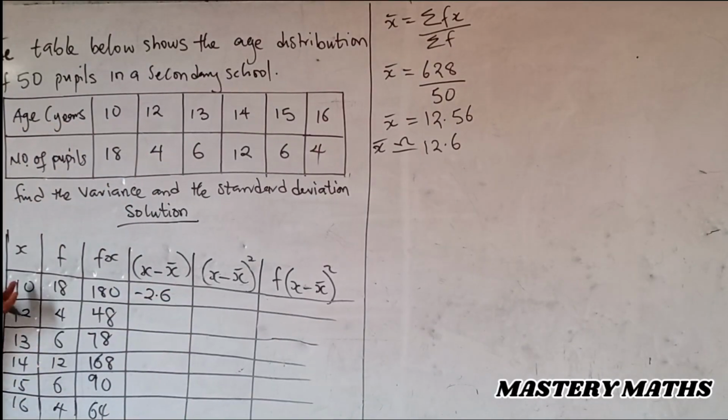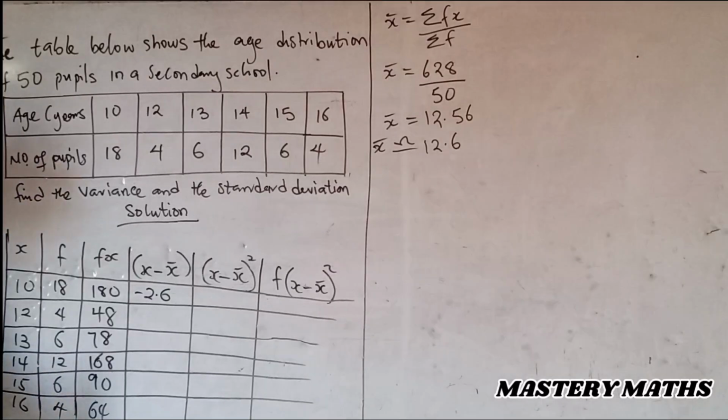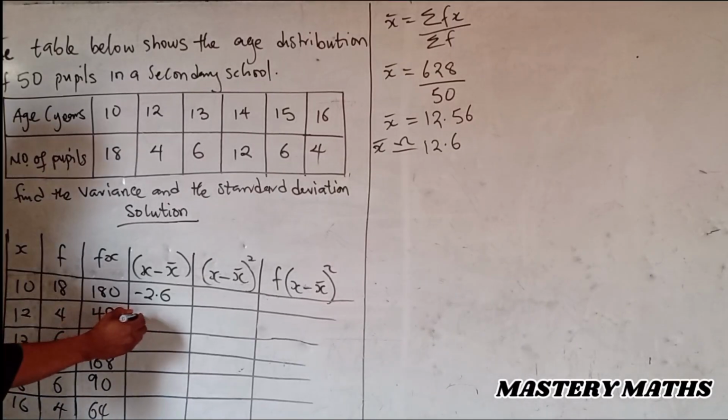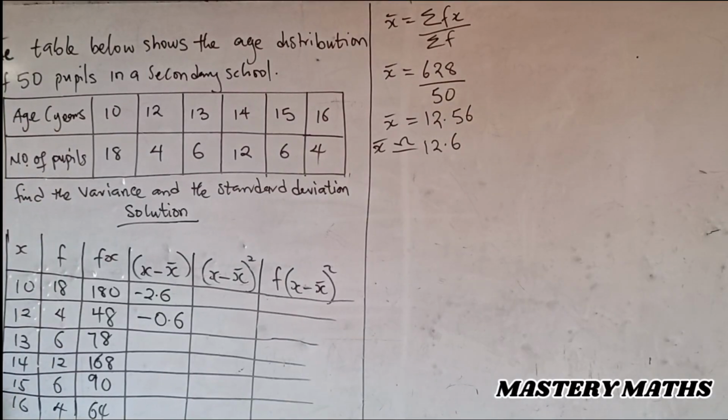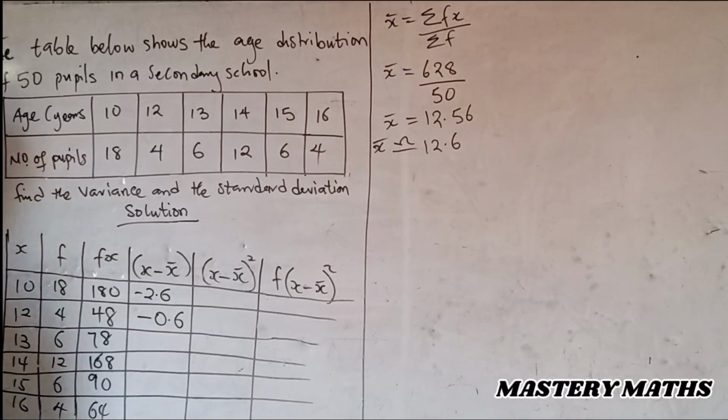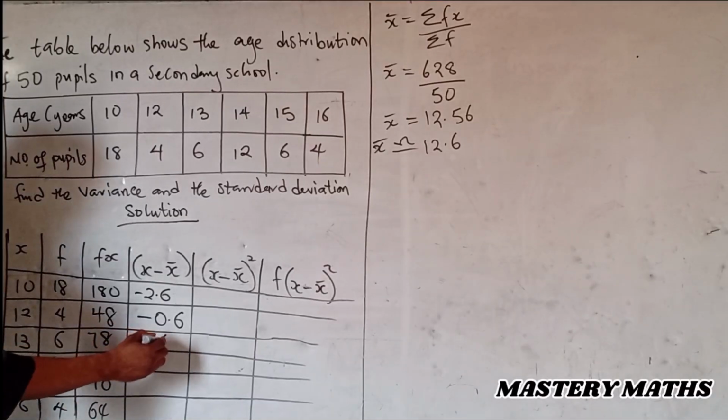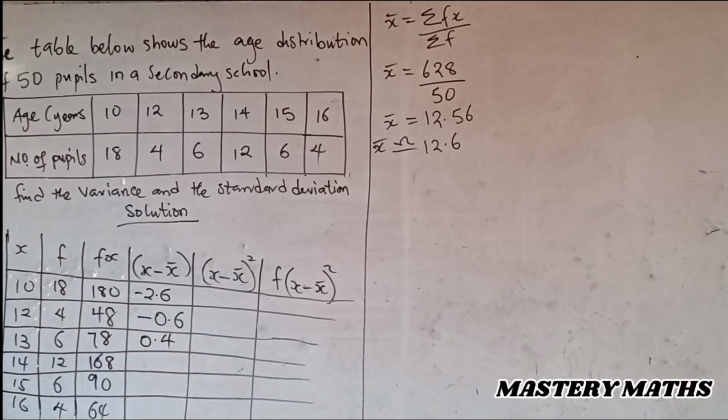Now what's the next value? You have your 12. Our 12 minus 12.6 will give us minus 0.6. Now what's the next value? Our next value is 13. 13 minus 12.6 will give us 0.4. Now what's the next value?